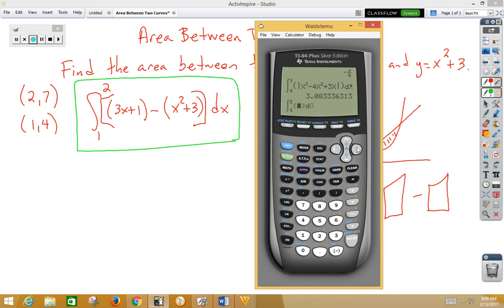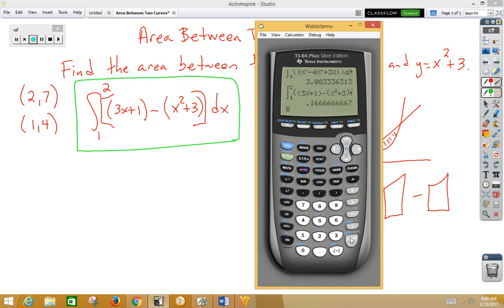Now we put our first function: parentheses 3x plus 1, close parentheses, minus parentheses, and that second parentheses is vital, x squared plus 3. You need that because the negative needs to be distributed. And that would be dx.